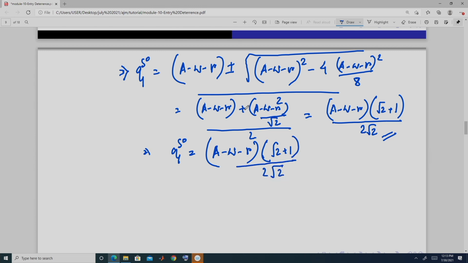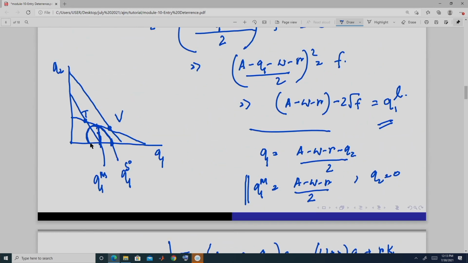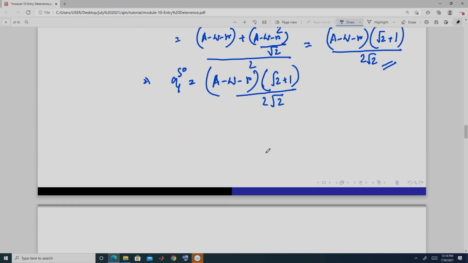Now, this the minus CA will be, if we take it, it will be this one. So, we do not bother, we require this. Okay. Now, we have derived all the outputs. So, what outputs we have? We have Q1T, we have Q1V, we have Q1M, we have Q1S, we have Q1S naught, we have Q1L.